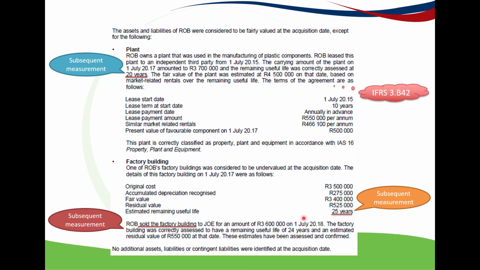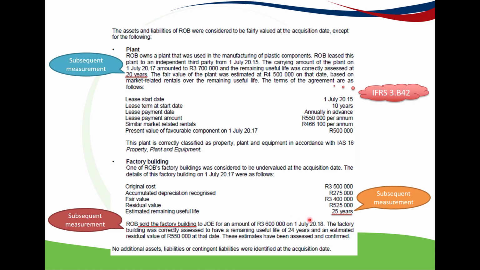But then we have to really focus on the beginning of the reporting period for the current year, 1 July 2018, when the subsidiary sells the building to the parent. So the parent will then have a factory building at 3.6 million in its trial balance, and it would have recognized the depreciation for that year.